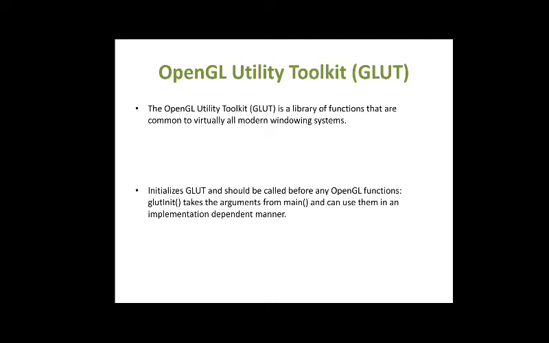For the sake of simplicity, we are using this additional freeware library for simplifying the interaction with the system. GLUT, the OpenGL Utility Toolkit, is a library that makes writing OpenGL programs regardless of windowing system much easier. It will be used in all our examples in the class.